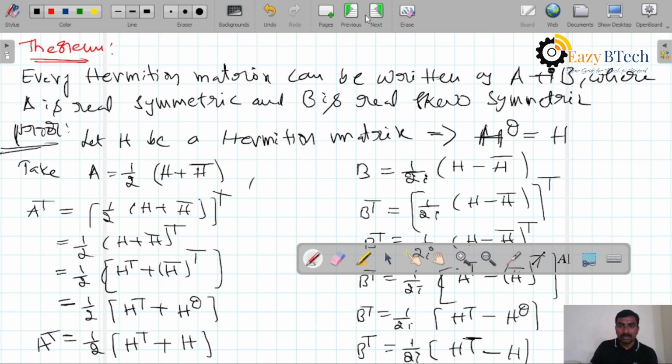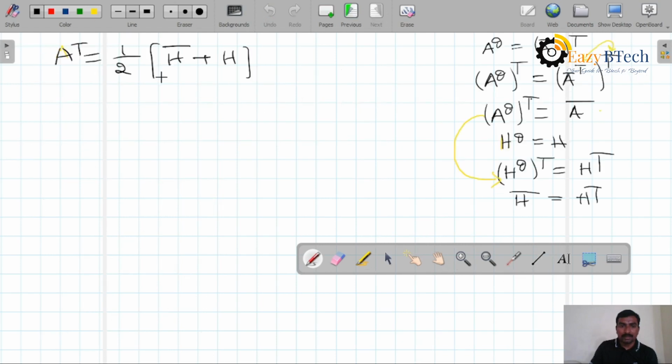Therefore we can write here B power t equals 1 by 2i into H bar minus H, according to this one. Therefore, finally, what happened?